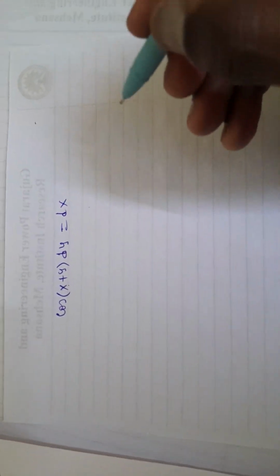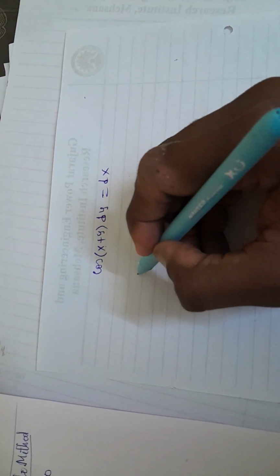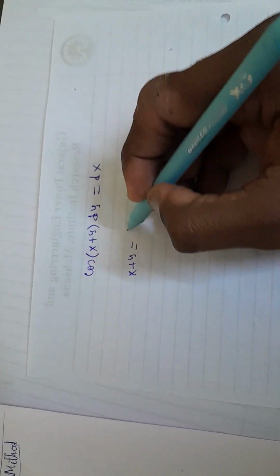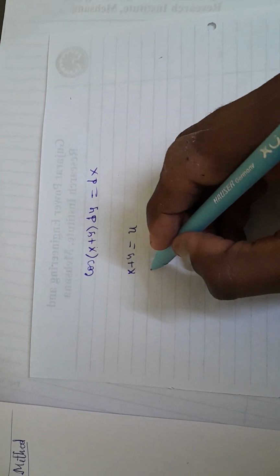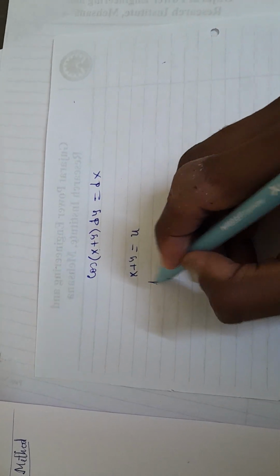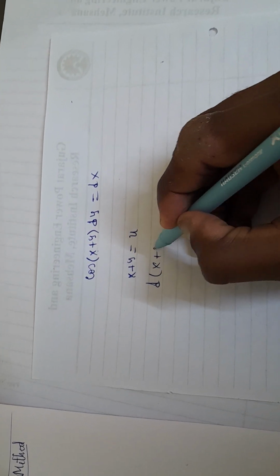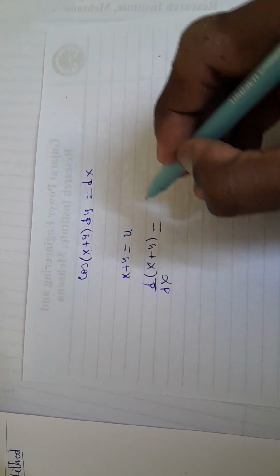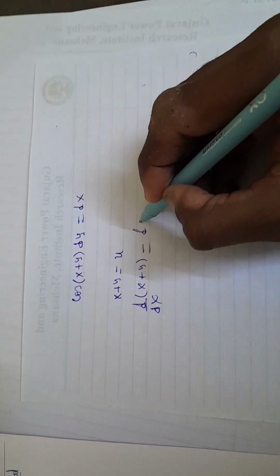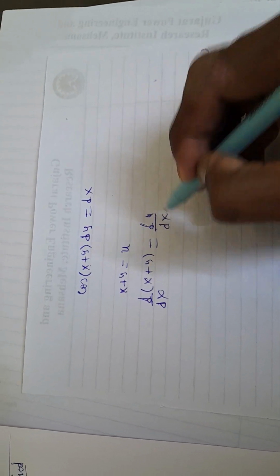How? See, we will do the same. Here x plus y, we can do x plus y equal to u. Okay, u or v, it's okay. Now the next step, apply derivative. Try to derive this expression with respect to x, and here du dx.